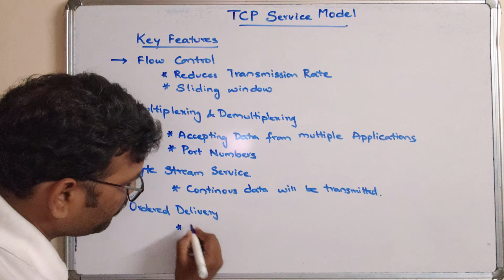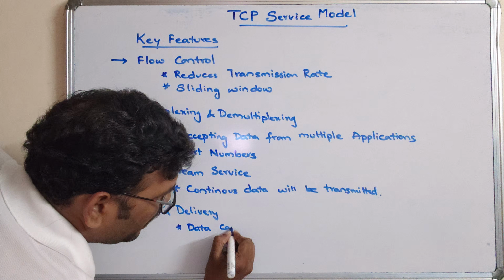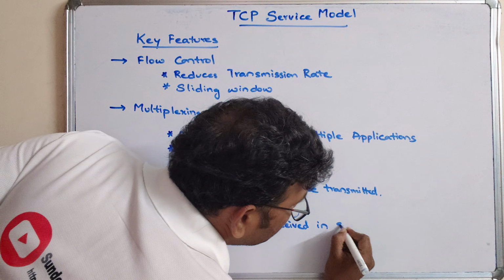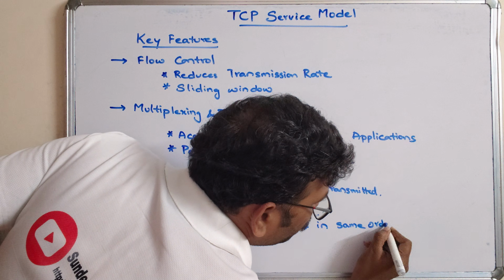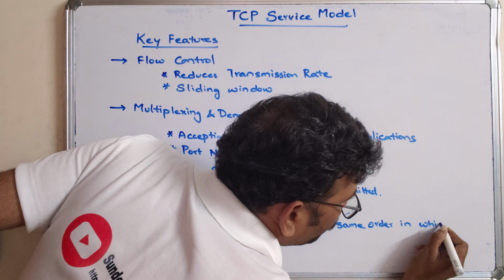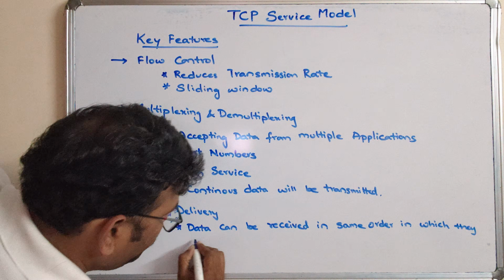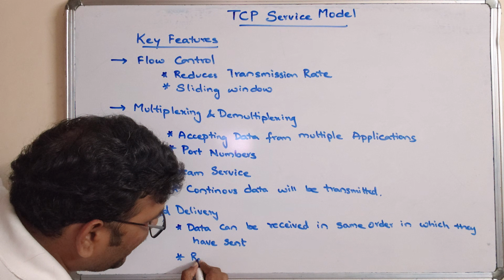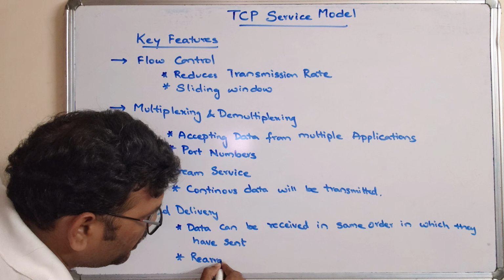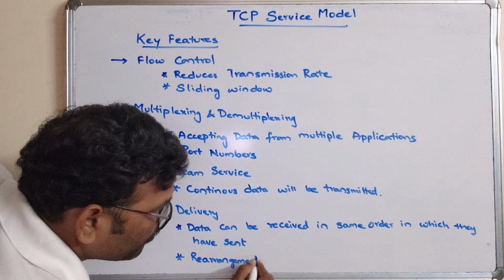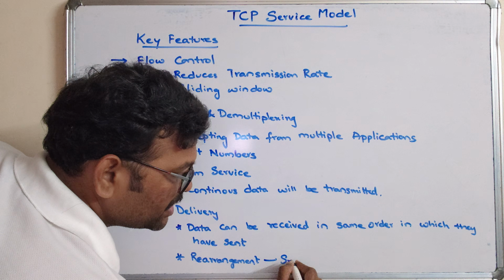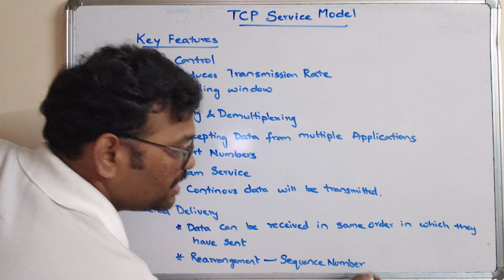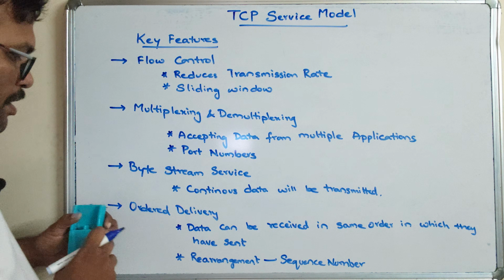So data can be received in the same order in which it was sent, or rearrangement can be done. This will be done with the help of sequence number. So this is the most important. Sequence number should be there, right?